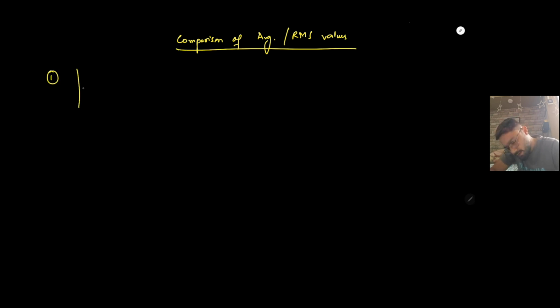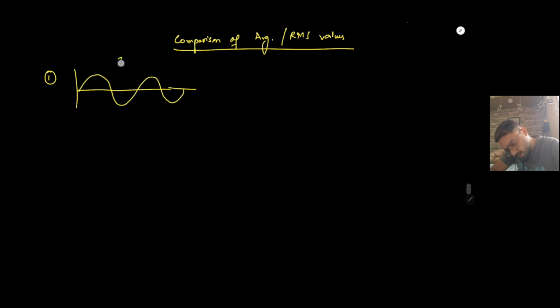So first, sinusoid. What is the RMS value of this? It will be A by root 2. What is the average value? It will be 0.